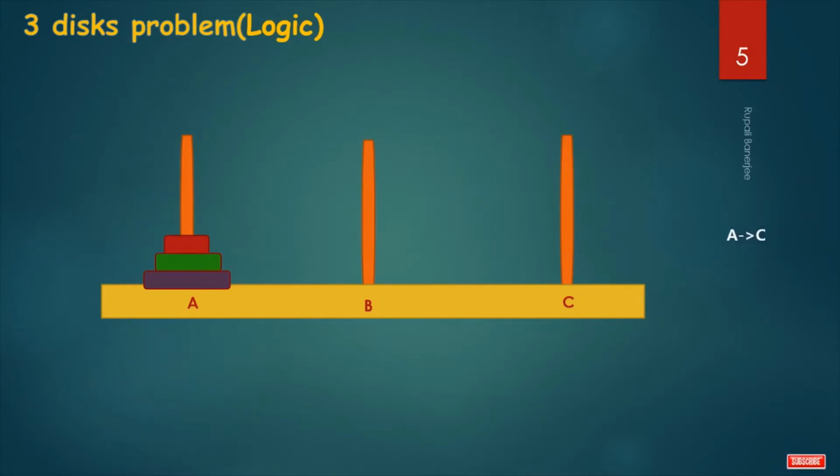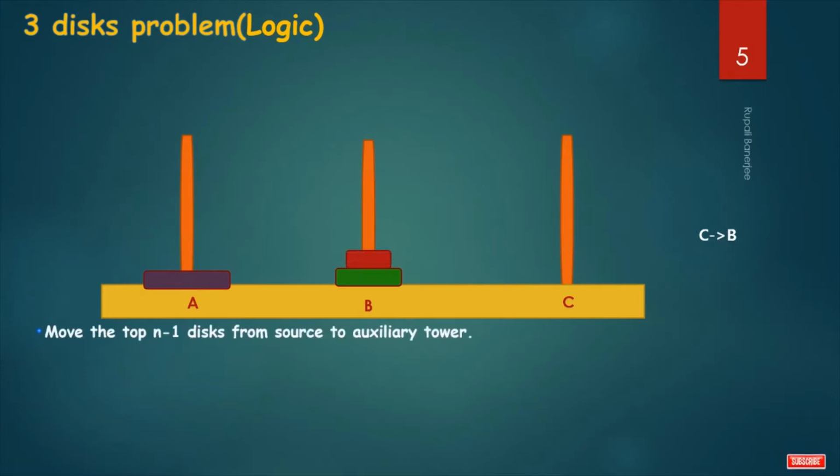Move the first disc from A to C. Move the next disc from A to B. Move the first disc from C to B. So the logic is: move the top n-1 discs from source to the auxiliary tower.